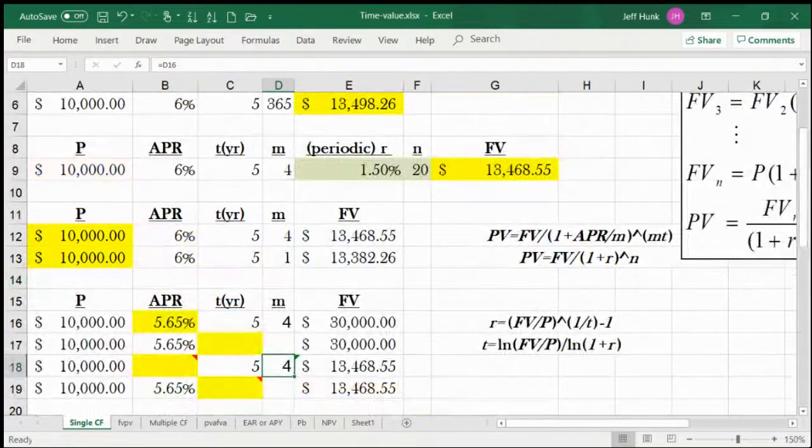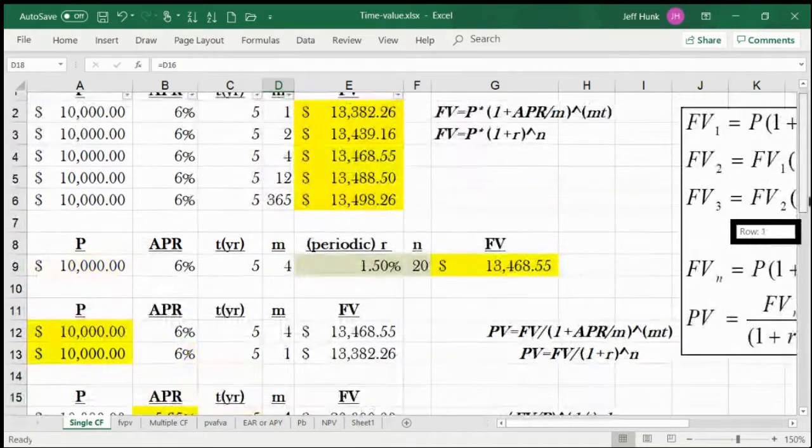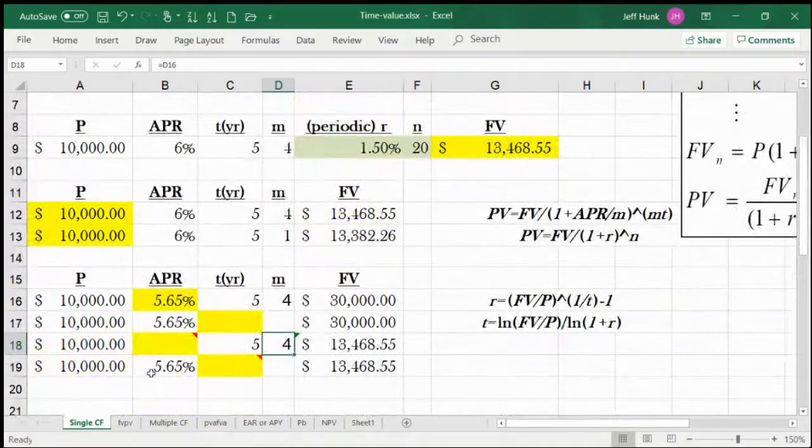What does this mean? You have $10,000 principal, and in 5 years you want to grow it to 13,468. Okay. What should be the interest rate? What kind of interest rate will grow it to this in 5 years?